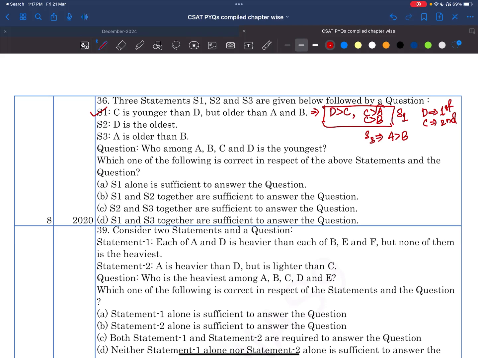Now we need the relation between A and B, right? Now we are getting that relation between A and B in statement number 3, right? That is, A is older than B. That means this fellow B is the youngest. That means statement number 1 and statement number 3 are sufficient to answer the question.